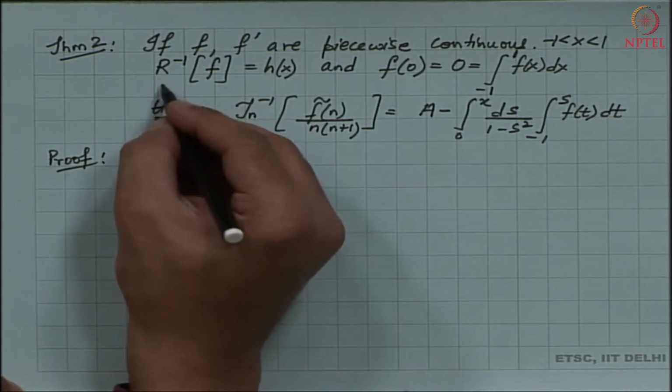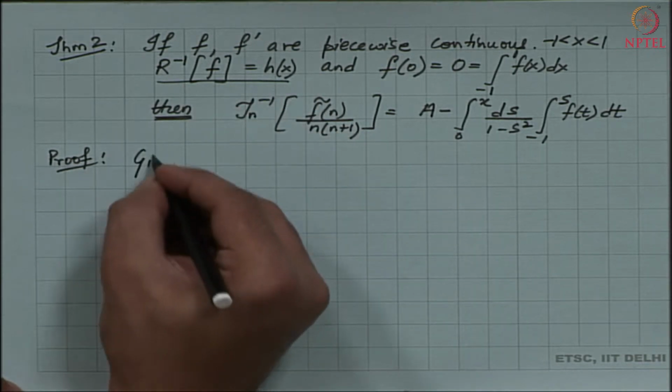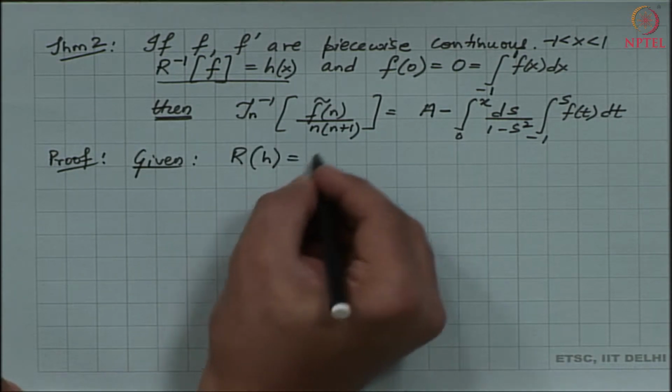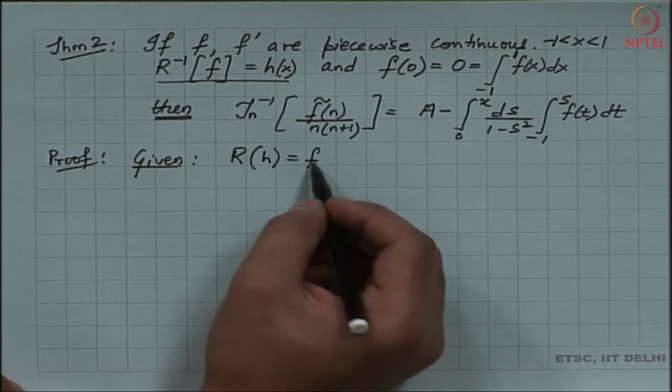I am given that R inverse of f is h. So, it is given that R of h is f. I just rewrite this expression in the forward sense.